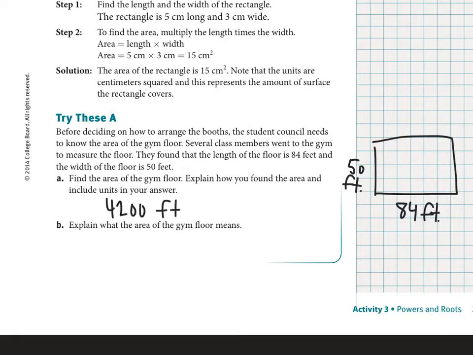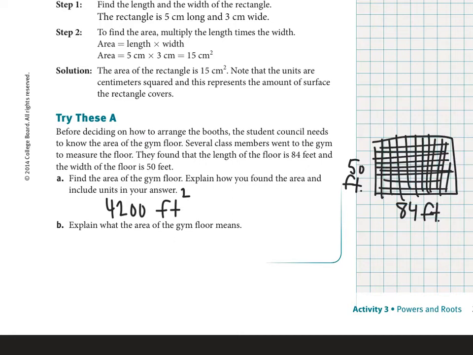And again, we're going to do feet. We're going to put that little exponent up there. We'll talk about that more in a second, but that's just to say that it's square feet, because remember, there would be a whole bunch of little squares in here. I'm not going to be able to draw all 84 of these rows and 50 columns, but you get the point. There would be a whole bunch of them.